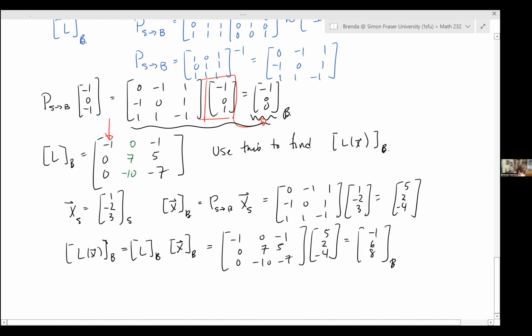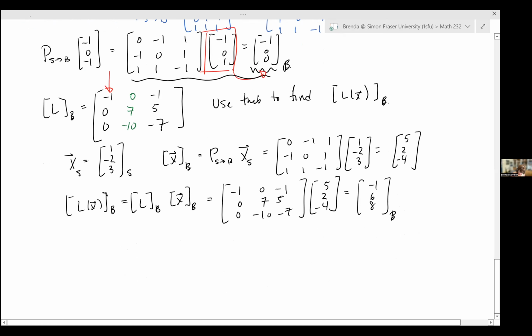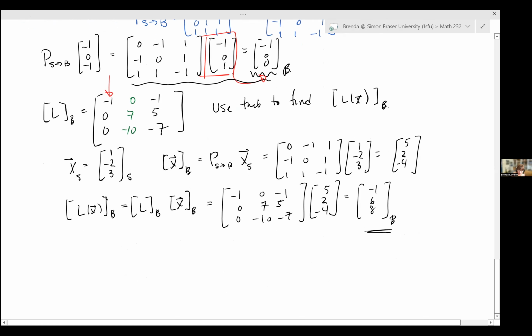Okay, let's observe something here. This is not part of the problem, but I could change this back relative to the standard basis. What does this mean?